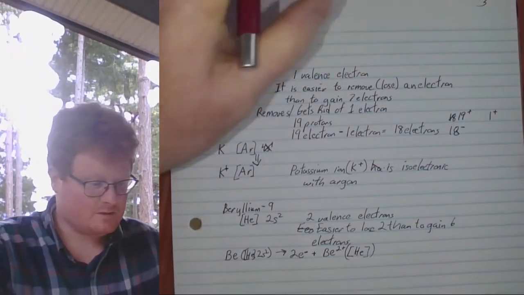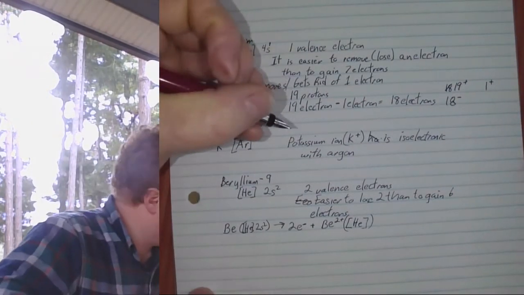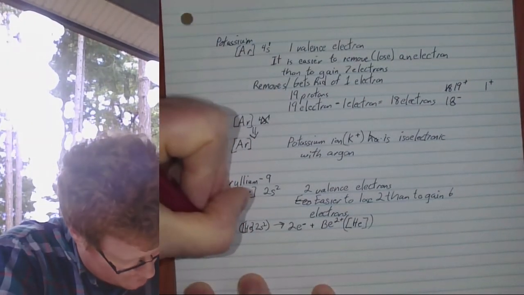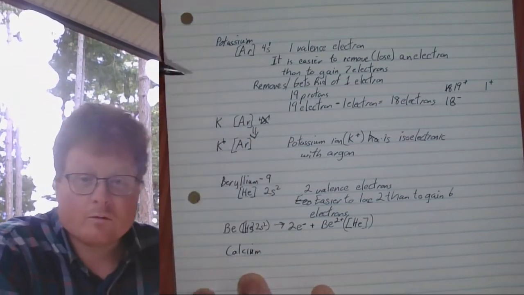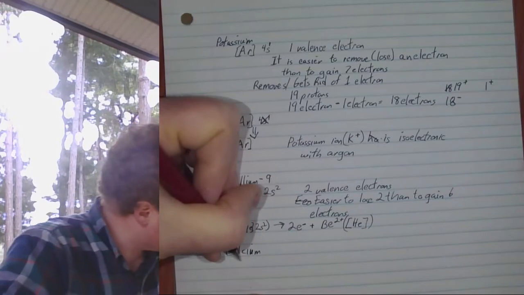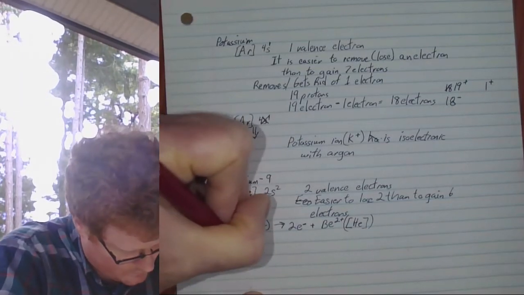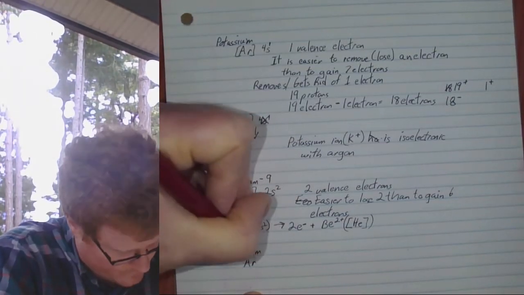Let's do that again. So let's take a look at calcium. Write the core electronic configuration: calcium, argon, 4s2.